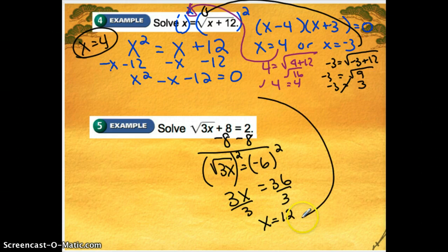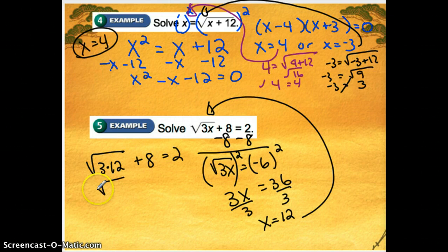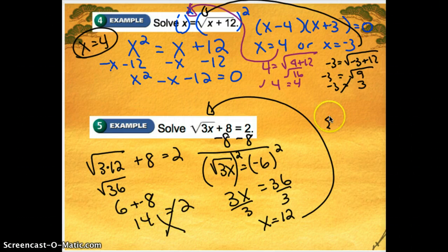Okay, so now I'm going to go ahead and plug that back in for checking it. So square root of 3 times 12 plus 8 equals 2. I want to see if that's true. So 3 times 12, that's 36. The square root of 36 is 6. 6 plus 8 is 14, but I wanted it to equal 2. That did not work out. So in this case, we actually have no solution.